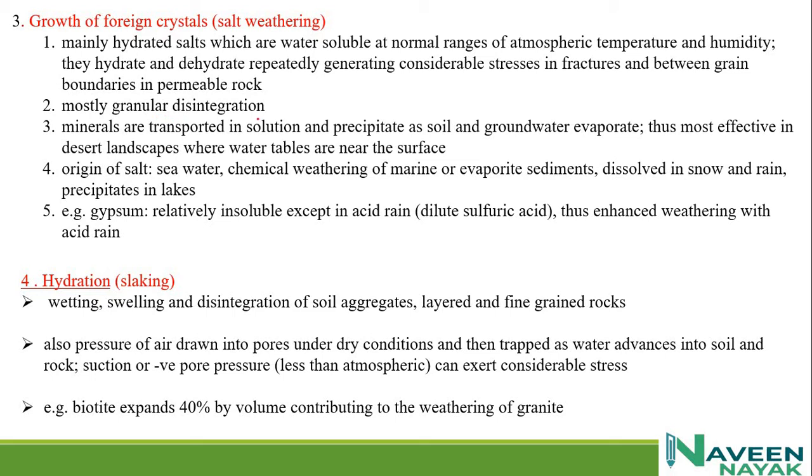This causes granular disintegration. The minerals are transported in solution and precipitated as soil and underground evaporites, thus most effective in desert landscapes, where water tables are near the surface.